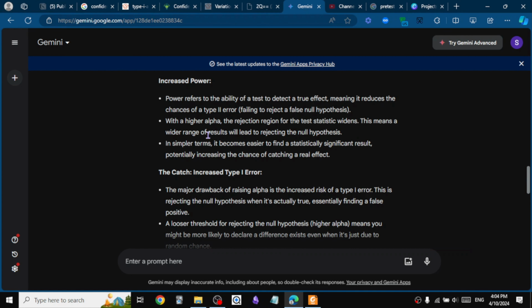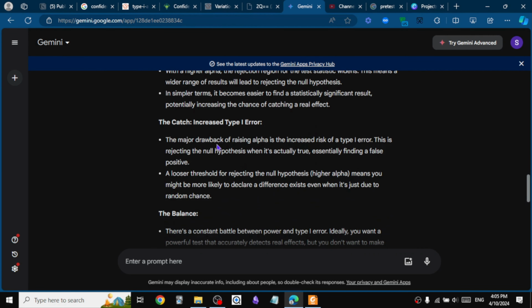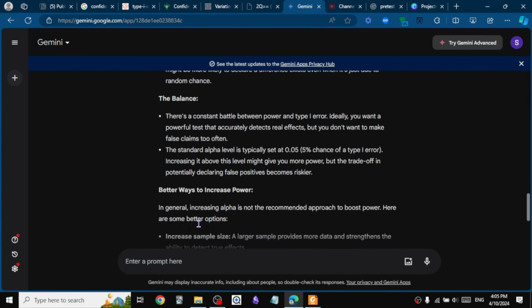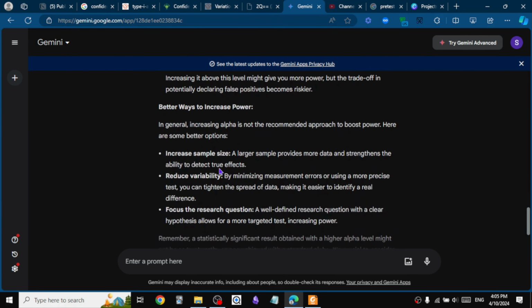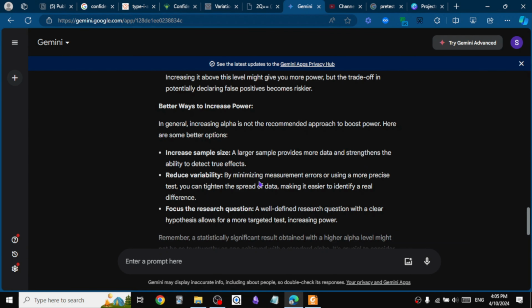This means a wider range of results will lead to rejecting the null hypothesis. In simpler terms, it becomes easier to find a statistically significant result, potentially increasing the chance of catching the real effect. And what is the analogy I gave you? As alpha increases, the net becomes wider. The catch is an increase in type 1 error, which is a drawback, and the balance is this thing. You can go through it. A better way to increase power is to increase the sample size.